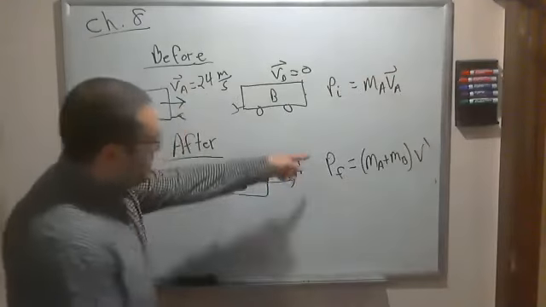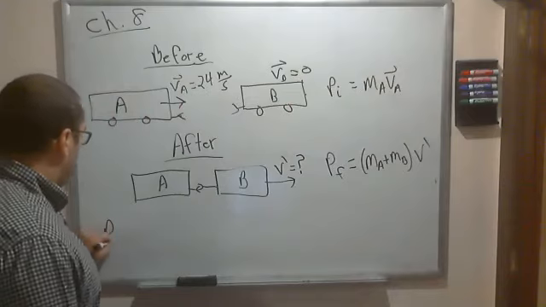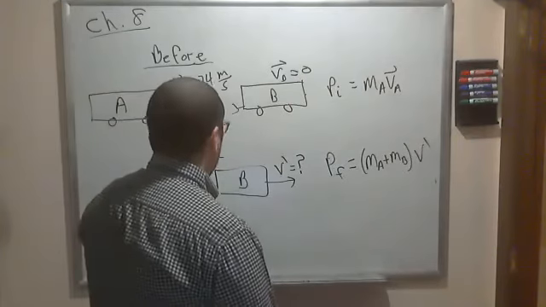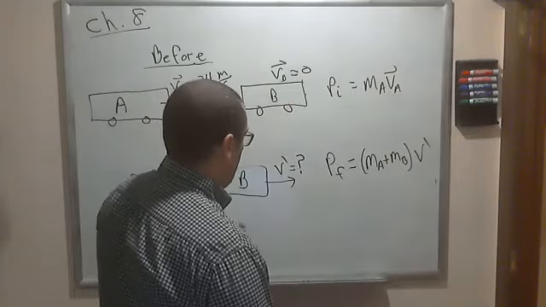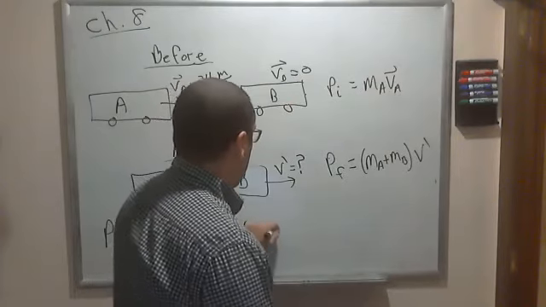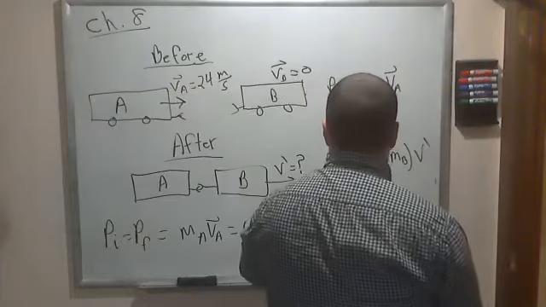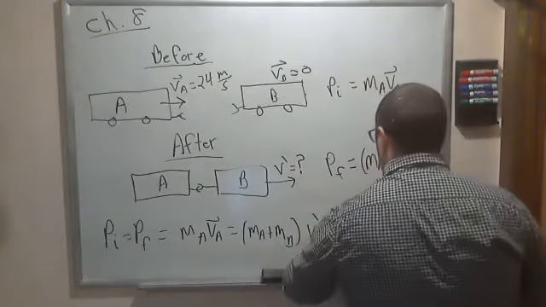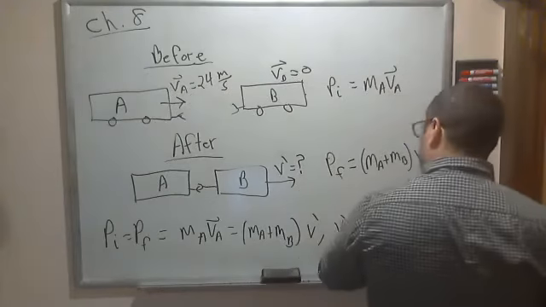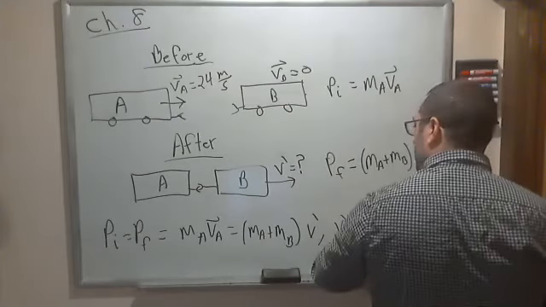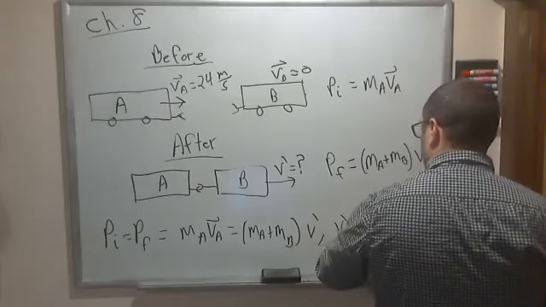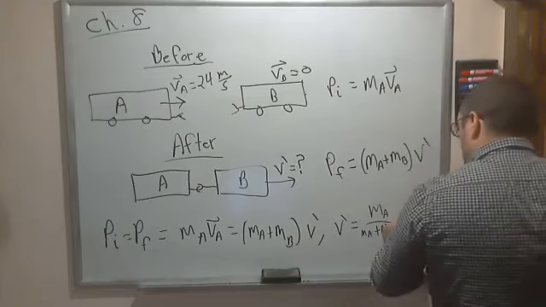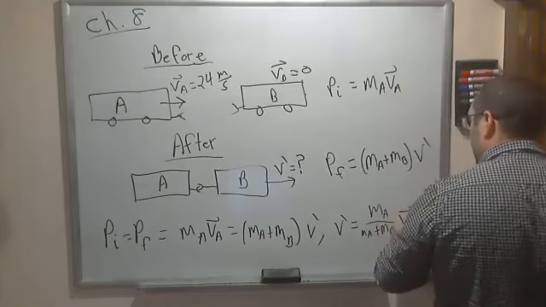We know that PI is equal to PF, and then we just plug it in and solve for V prime. This is equal to VA times MA divided by MA plus MB.